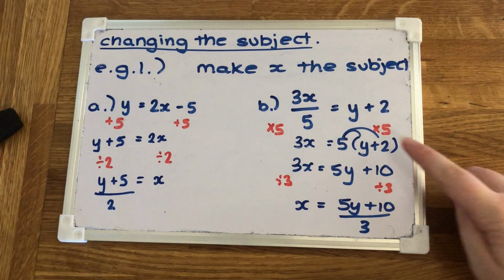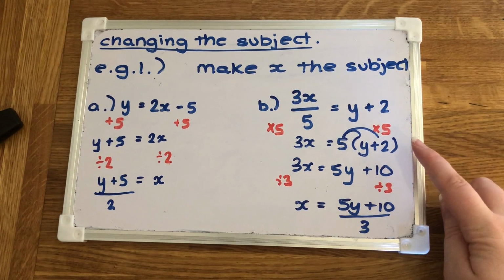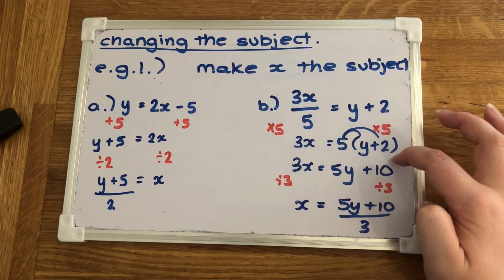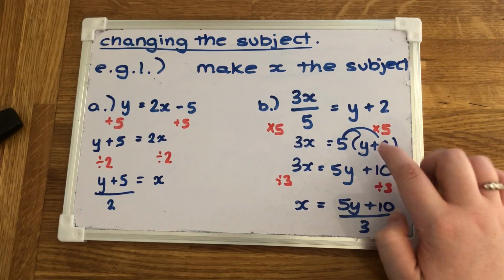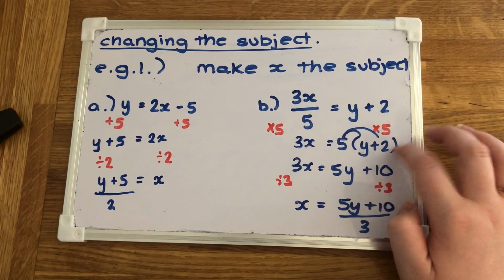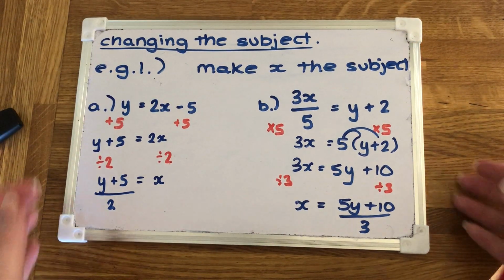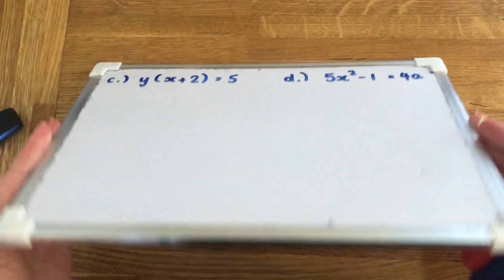Now, at this point, you could have left it in its brackets if you wanted to. You didn't have to expand out and multiply. But sometimes it could have cancelled. So let's say that was a 3 instead. That could have multiplied, and then you could have maybe cancelled the 3 out afterwards, but in fairness it doesn't really make a difference, it's your decision. Okay, so next slide.